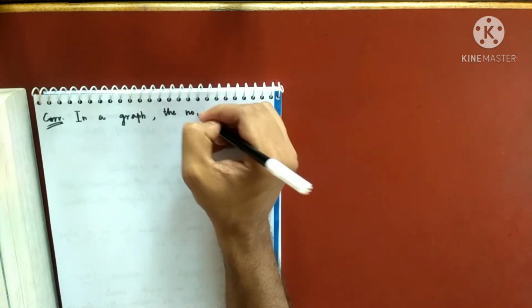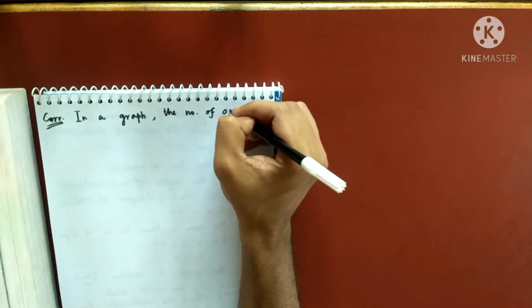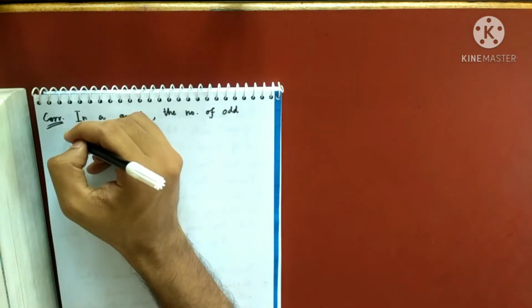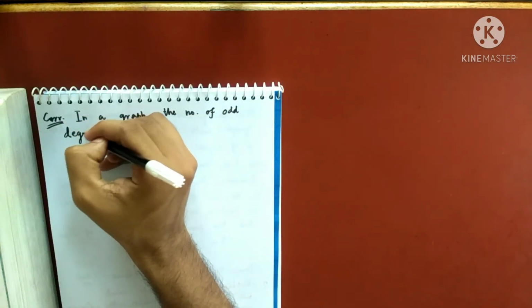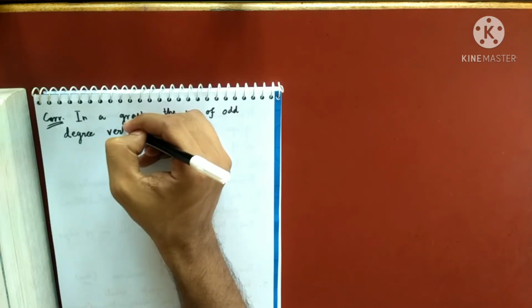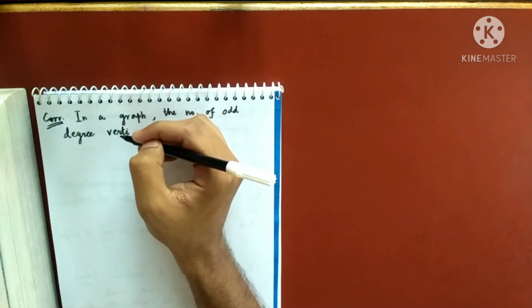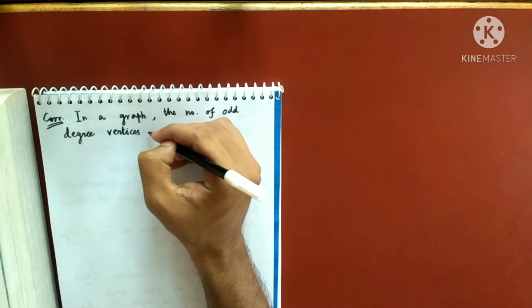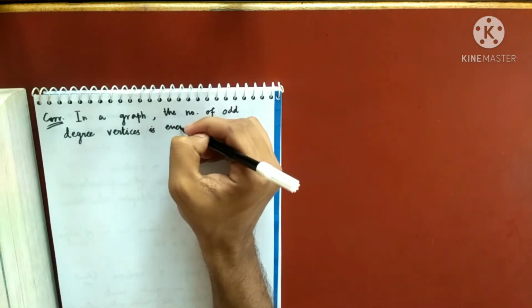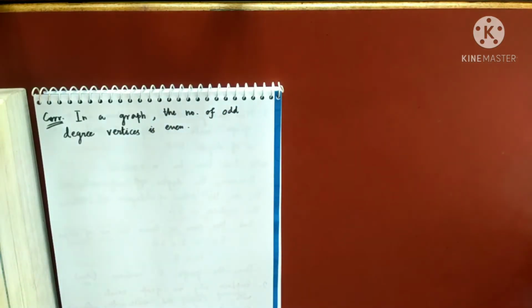The number of odd degree vertices is even. Meaning, what is the meaning of odd degree vertices? The vertices whose degrees are odd.